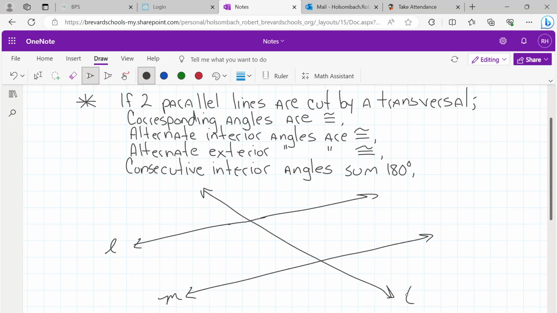Call the transversal T. The little red triangles on the lines mean that they're parallel to each other, meaning L is parallel to M. And when a transversal intersects 2 parallel lines, it creates 8 angles. So we got angle 1, 2, 3, and 4, and angle 5, 6, 7, and 8.